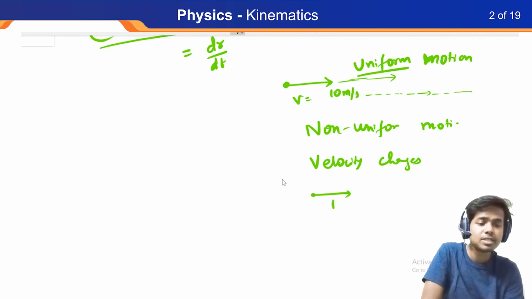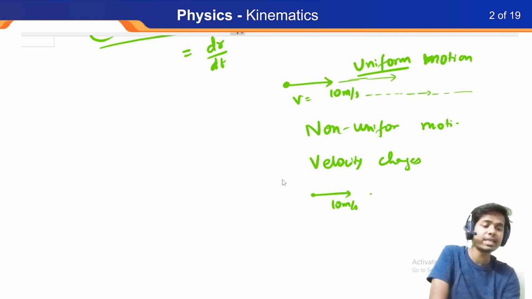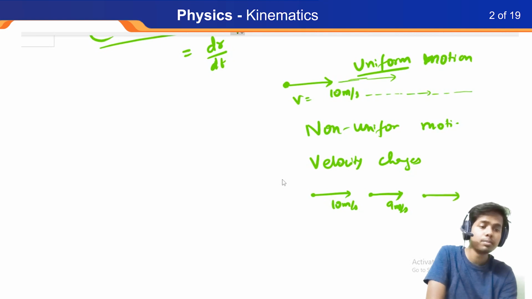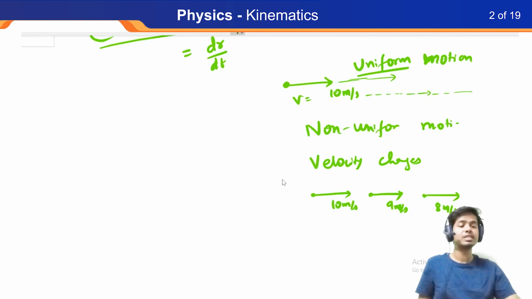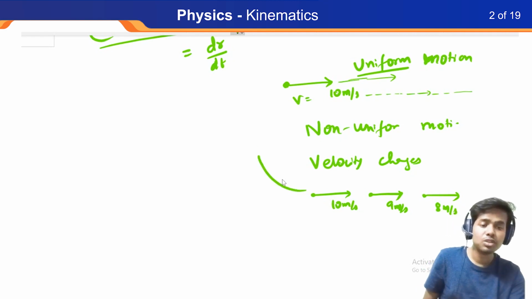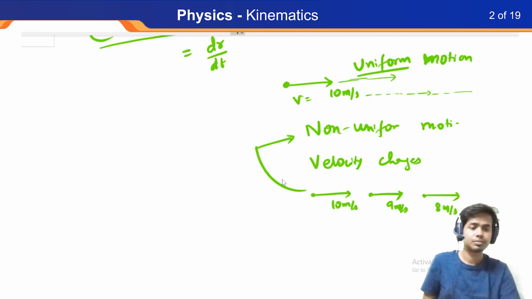Maybe if this is at 10 meter per second, after certain time or after maybe 1 second, the object may be moving at 9 meter per second. After 1 second more, maybe it is moving at 8 meter per second. So it is definitely having some change in the velocity.